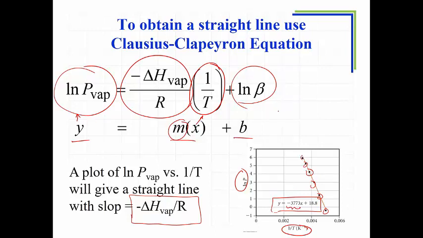We could take that slope of a negative, in this case 3773, and we could set it equal to the slope value, minus delta H vap over R, and we could figure out and calculate the heat of vaporization. Okay, that delta H of vaporization. So that is how we would utilize that equation.